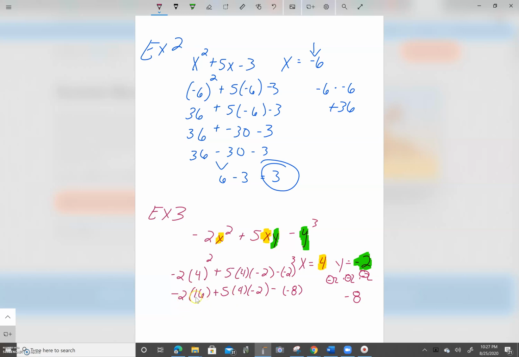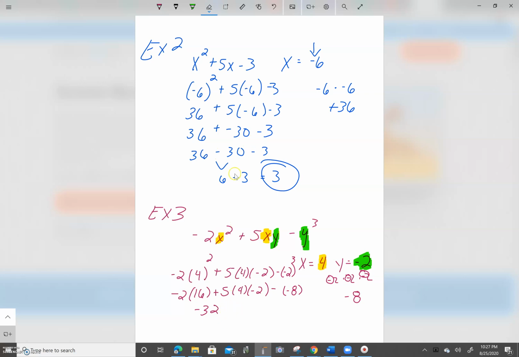So now multiplication or division. Here we're going to change -2 times 16 to -32. Check my mental math on that. Plus, and we're going to multiply 3 numbers together. 5 times 4 is 20, times -2 is -40. So actually, I don't want to put that plus -40.